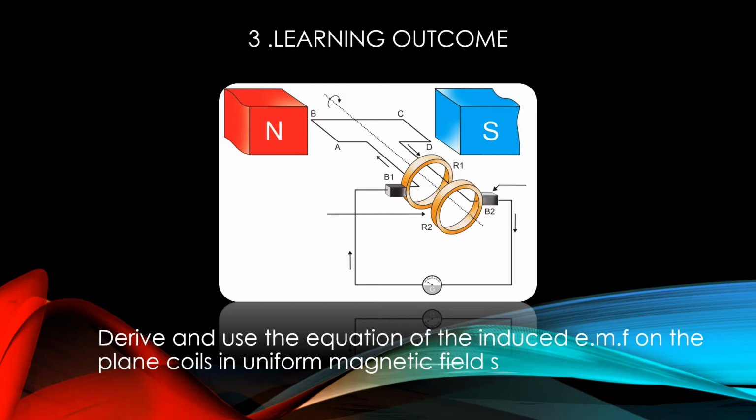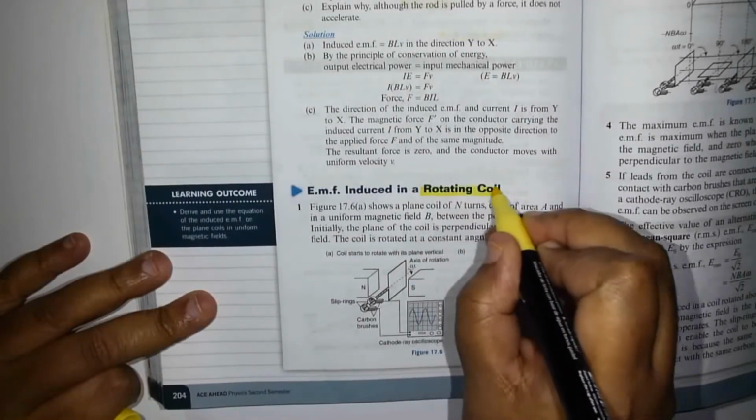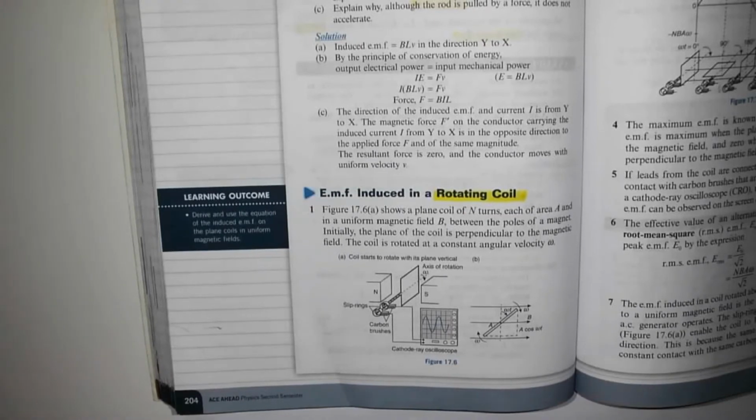Alright, so our third learning outcome for today's class is to find the EMF induced in a rotating coil. We need to derive and use the equation of the induced EMF, another application of electromagnetic induction law. So what they want us to know is to derive and use the equation of the induced EMF.